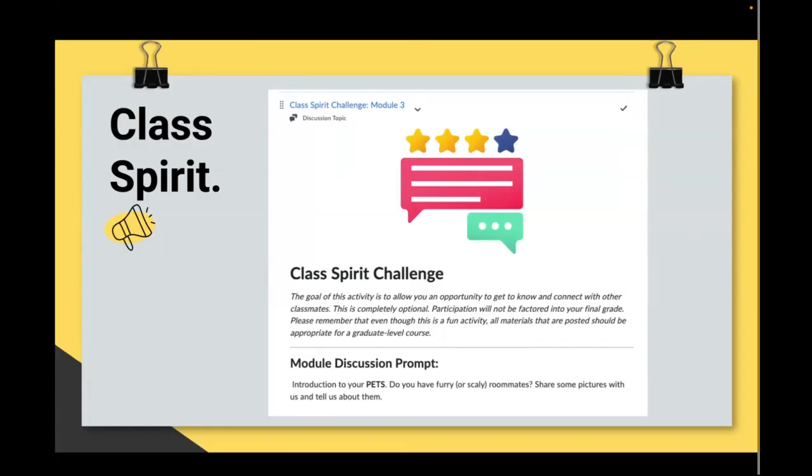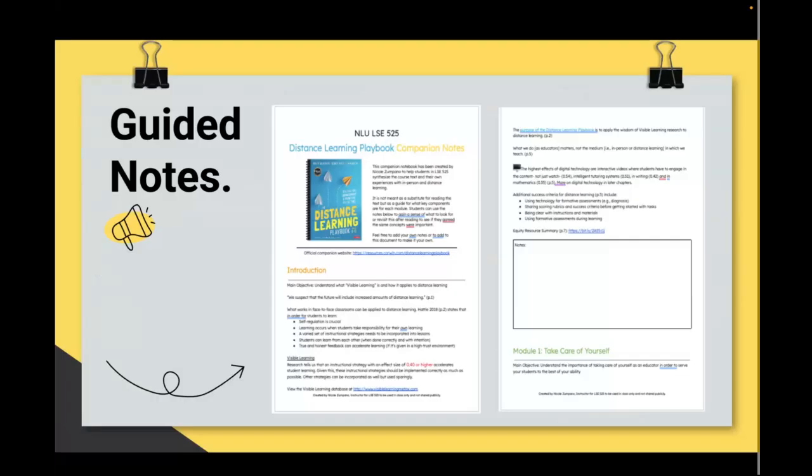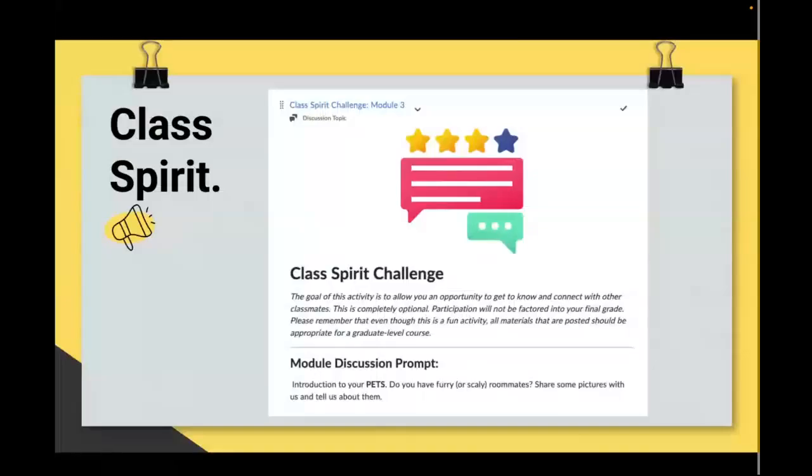One of the things I do, and I did this particular challenge in this distance learning course, is we had a class spirit challenge where every week I had different, just random discussion posts that they were not obligated to answer, but they could engage with if they wanted to. It had absolutely nothing to do with their grade.